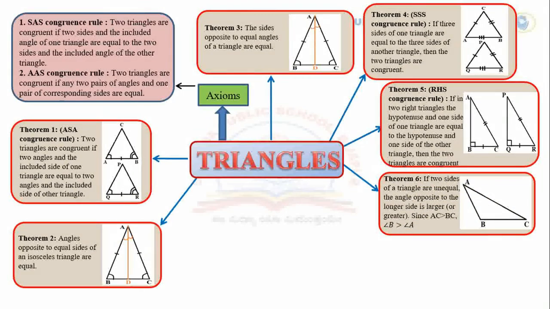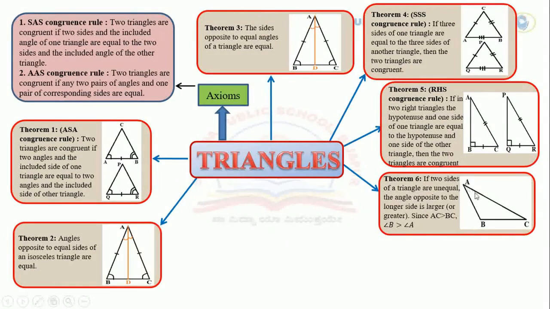Theorem 6, it is on the inequalities of a triangle. It states, if two sides of a triangle are unequal, the angle opposite to the longer side is larger. In the triangle ABC, as you can see, the side AC is greater than the side BC.